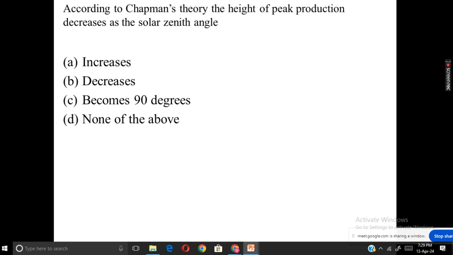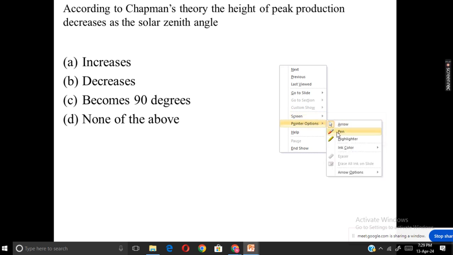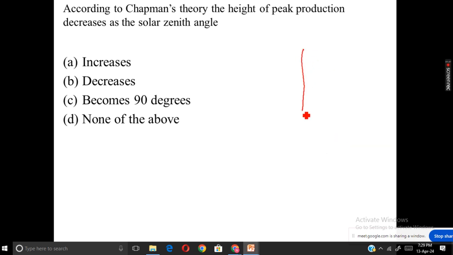The next question. According to Chapman's theory, the height of peak production decreases as the solar zenith angle. This thing we have also seen before. This is Q and this is H. This is Hm.